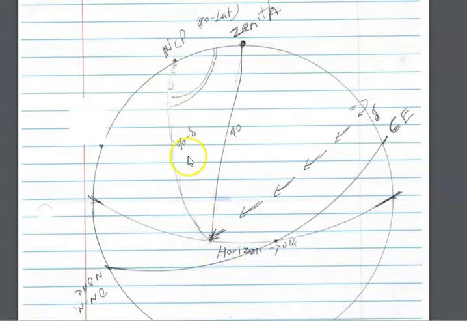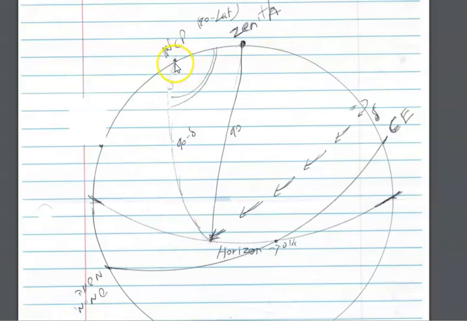This is a great circle. It goes from the North Celestial Pole to the celestial equator. Then this circle here represents the prime meridian. It's where all the stars pass and reach the highest point, and then they set.